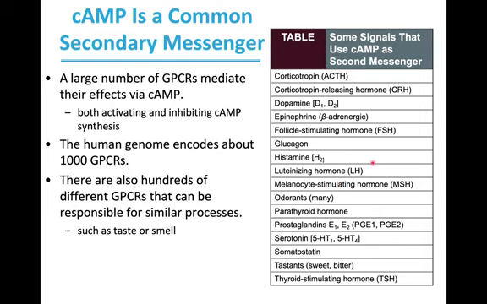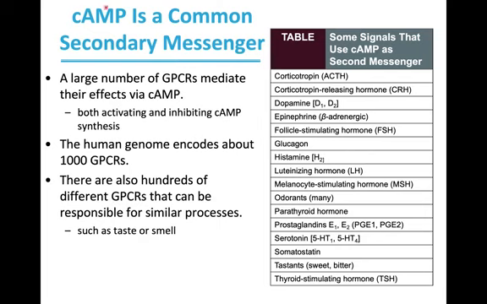Similarly, another peptide hormone called corticotropin or ACTH, produced by the anterior pituitary gland, binds to specific receptors in the adrenal cortex. Now, the function of these hormones is to activate adenylyl cyclase, thereby raising the cyclic adenosine monophosphate concentration.